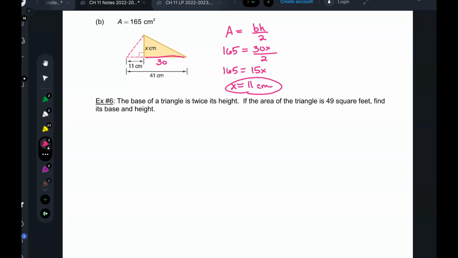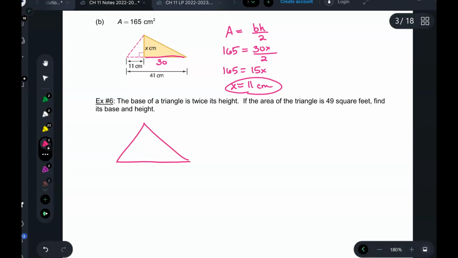Would it help to draw a picture maybe? Yeah. Okay, so if the base is twice its height, if x is the height, then the base would be 2x.